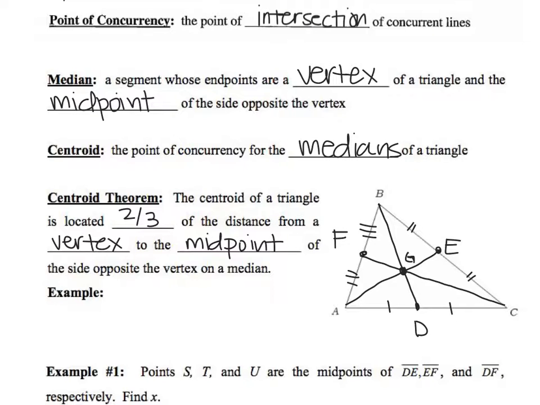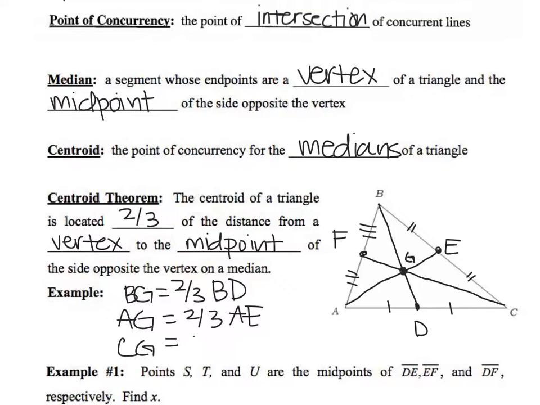It's where all of them intersect. So for example, for our centroid theorem, we know that BG is 2/3 the length of our median BD. Also true for AG is 2/3 the length of the median AE, and then CG is 2/3 the length of its median CF. That's basically what the centroid theorem states.